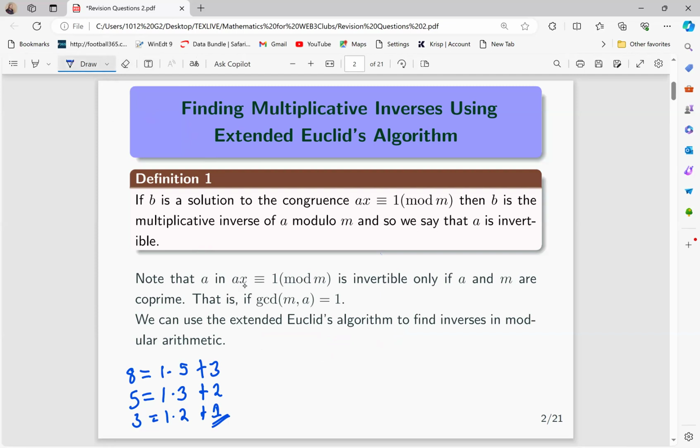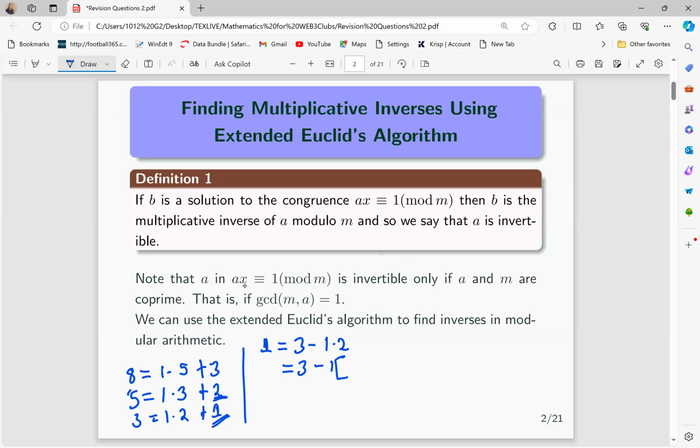We begin by reversing. So 1 would be the same as 3 minus 1 multiplied by 2, which is 3 minus, and we replace this 2 here.